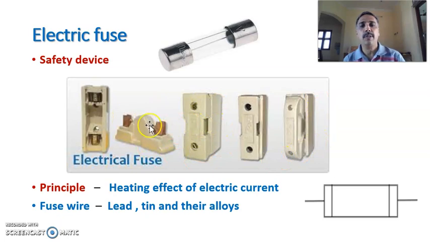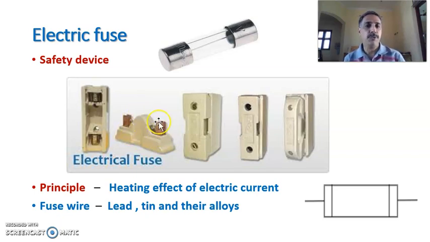Here in this electric fuse, you have two metallic contacts which are connected by a thin wire made up of lead, tin, or alloys of lead and tin. Current can flow through this thin wire and make a complete circuit. But whenever excess current flows, then this thin wire gets heated up and melts. As a result, a gap is produced so that the electric current cannot flow through the device.